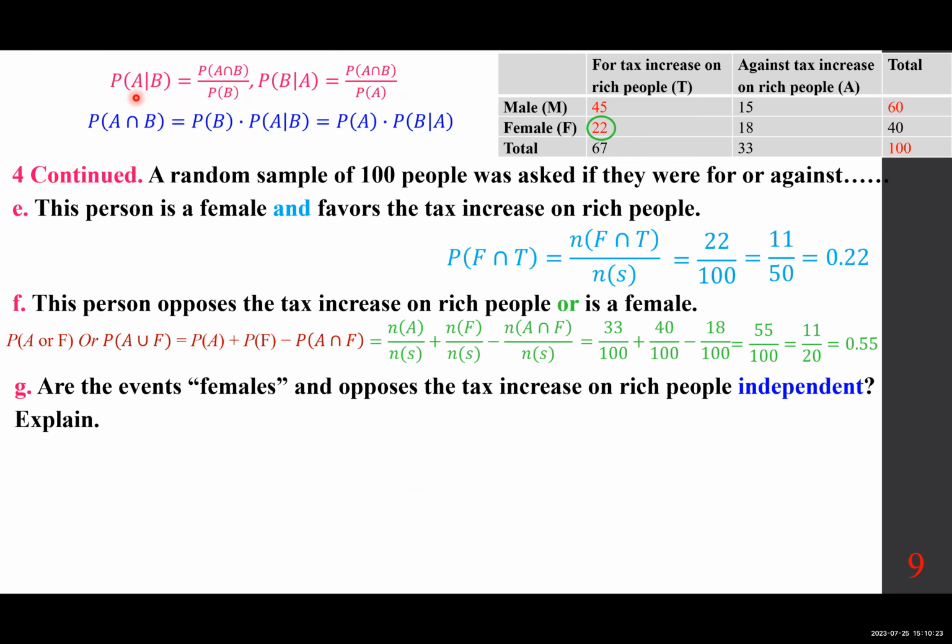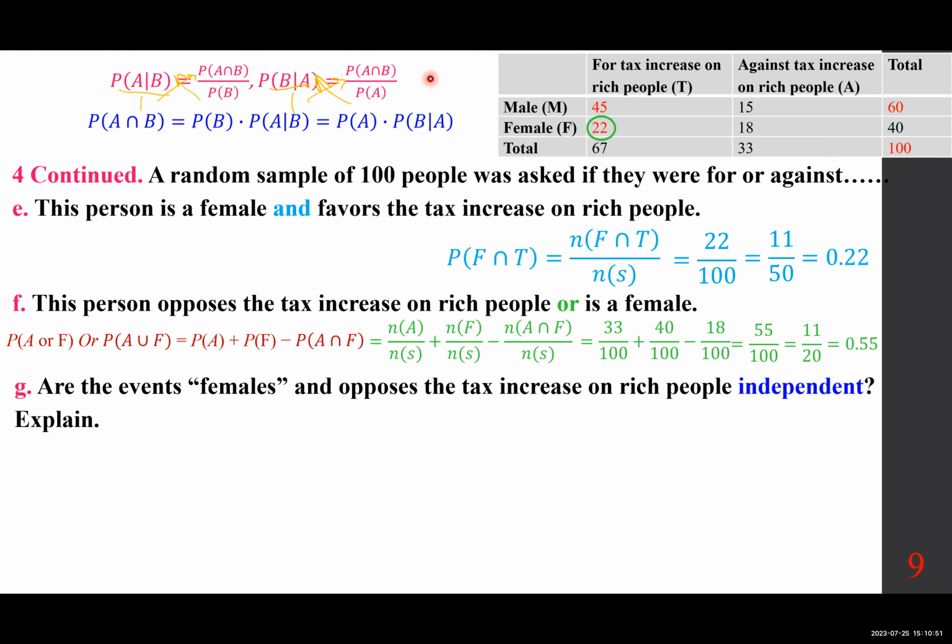Again, I'm assuming everybody can see this cross product. Okay, cross product. So probability of A intersection B from here is probability of B given A times probability of A. So that's by definition of conditional probability.